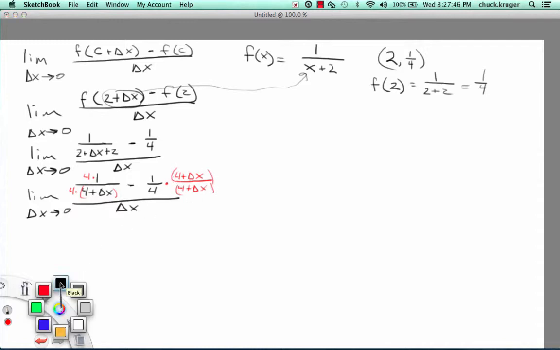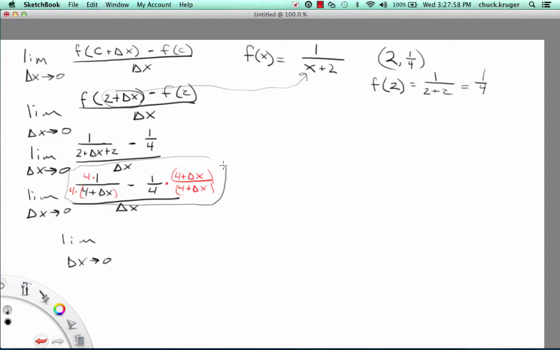So now I'm able to get one fraction, and I have the limit as delta x approaches 0. And on my numerator here, I can combine all of this. 4 times 1 is 4, minus, and then 1 times this is parentheses, 4 plus delta x.